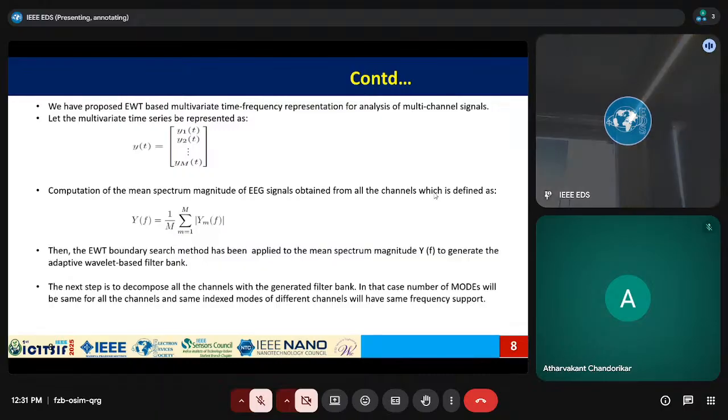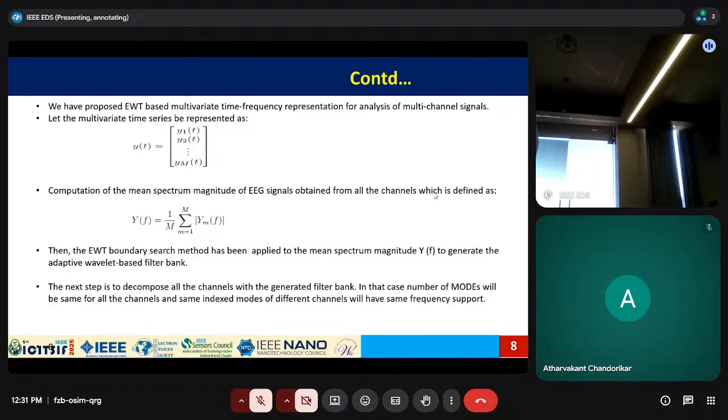So what we have suggested is to take the average spectrum, computed from the spectrum of each channel, and that average spectrum is used to define the boundaries. From those boundaries we design the empirical filters that can be used for each individual channel, so that each channel has the same number of IMFs. So the mode alignment property is there.